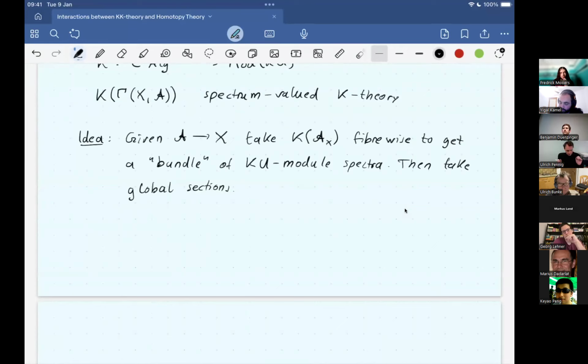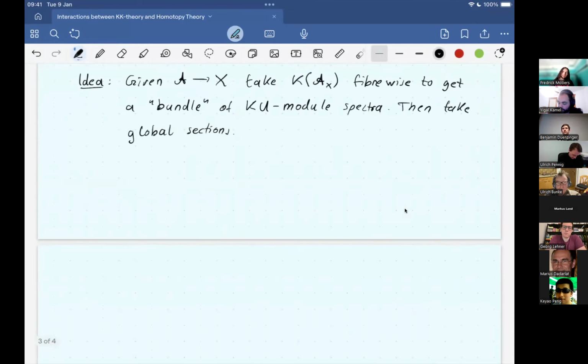And then there's a paper where they work with explicit models by Hebestreit and Sagave, who also look at this. And instead of bundles, you see I put this in quotation marks. What is better behaved in terms of homotopy theory are not bundles in the locally trivial sense, but so-called local systems.